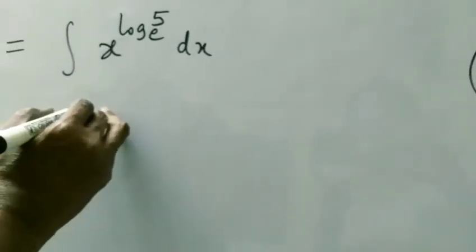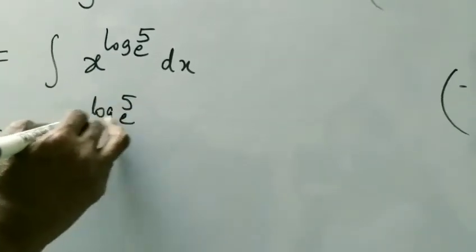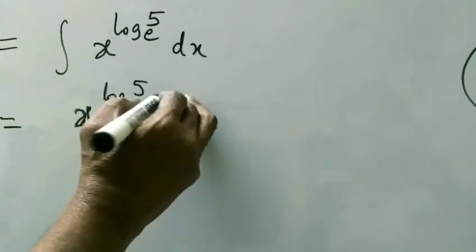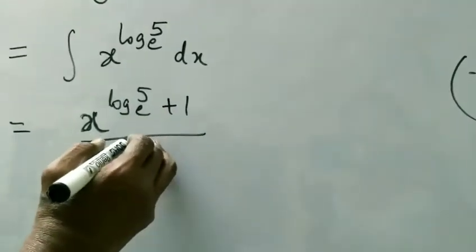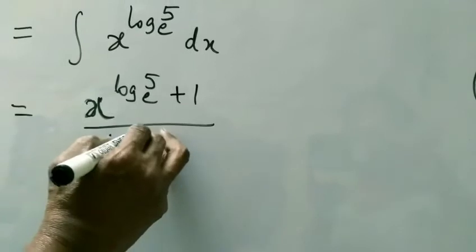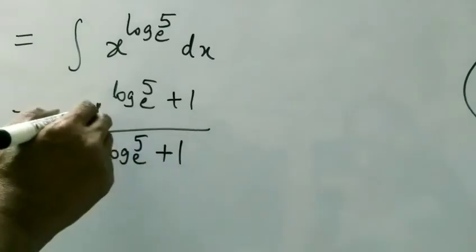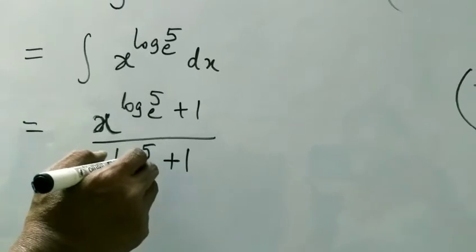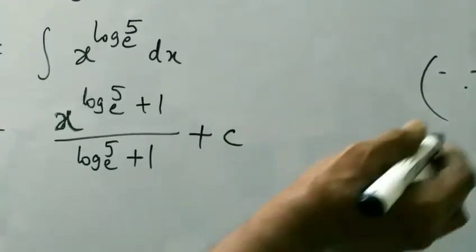Now by using this formula, x to the power of log 5 to the base e plus 1 by log 5 to the base e plus 1 plus c. This c is an arbitrary constant.